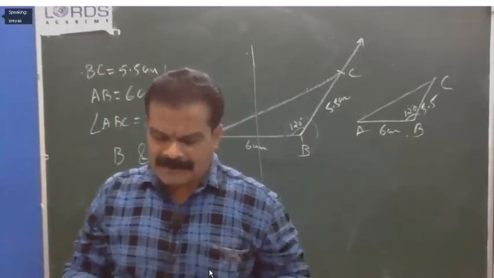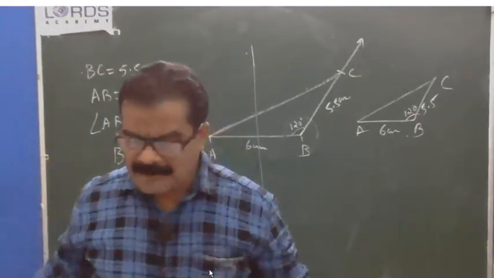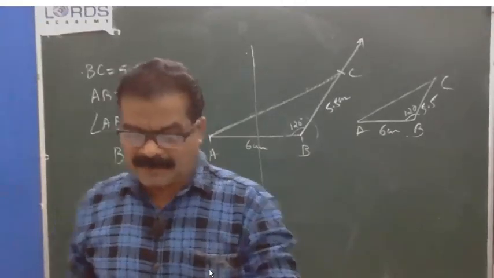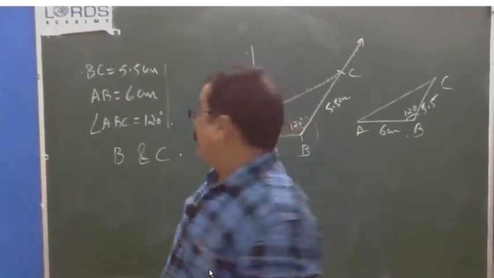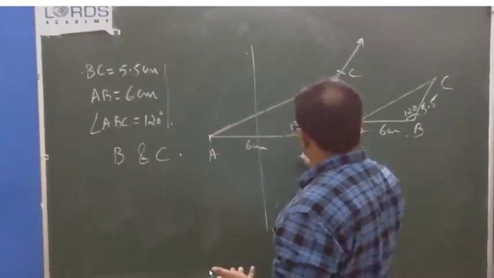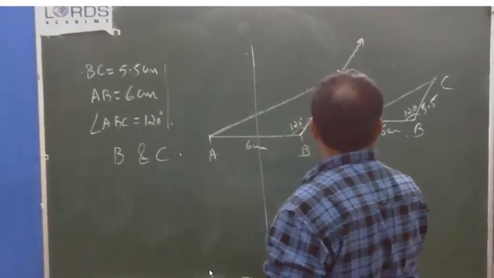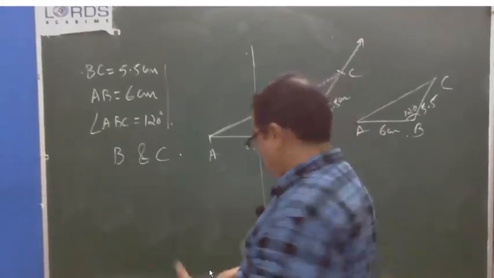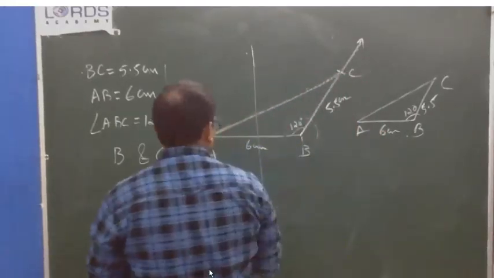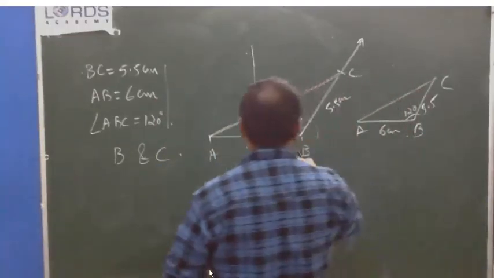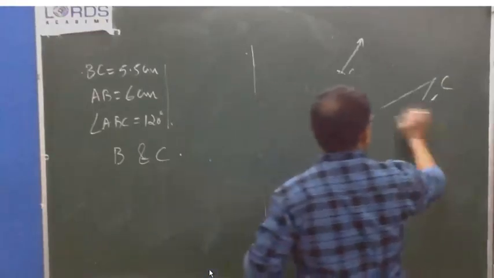Who told? Yes, in which base BC? Okay. Base BC. No problem. Here also you can take, no problem at all. Okay, then the figure will come. This also you can use, but in the same manner we can take. Okay, BC.